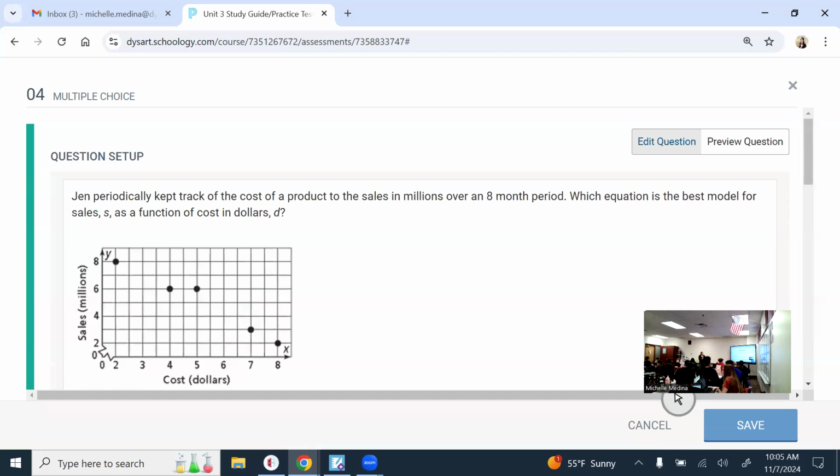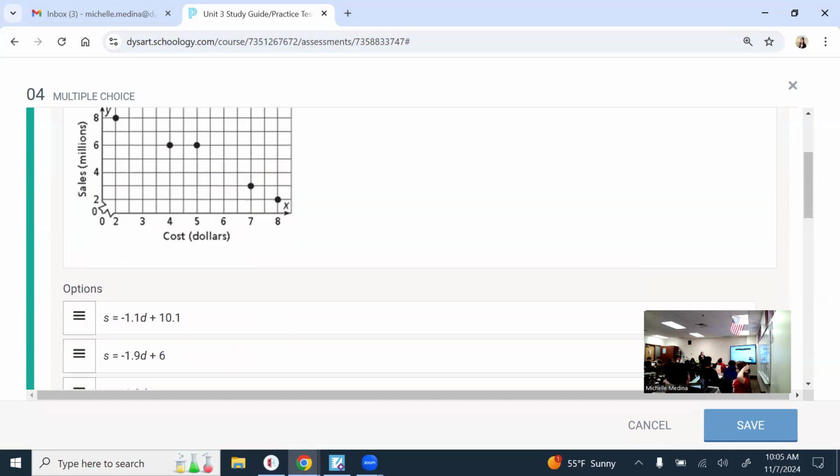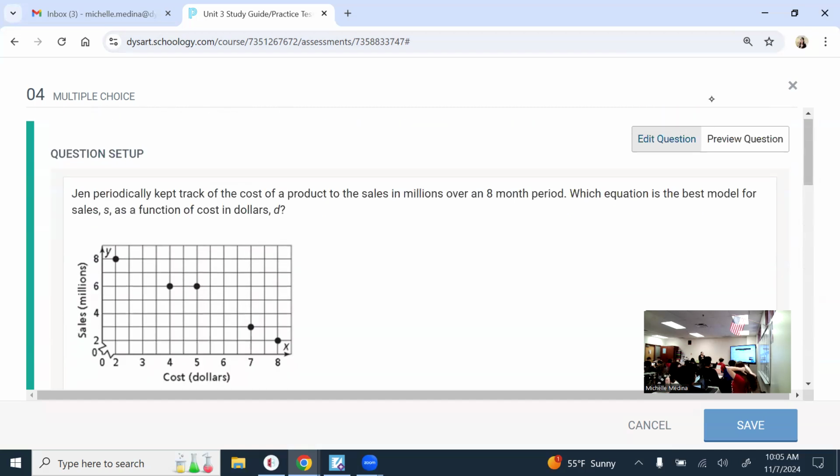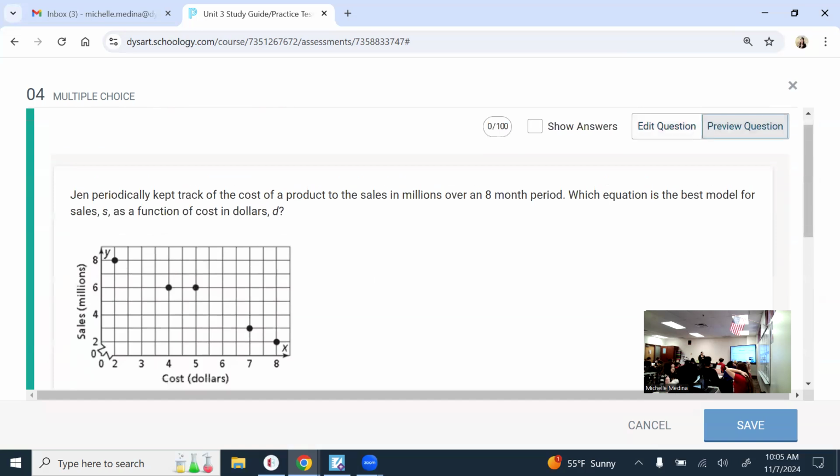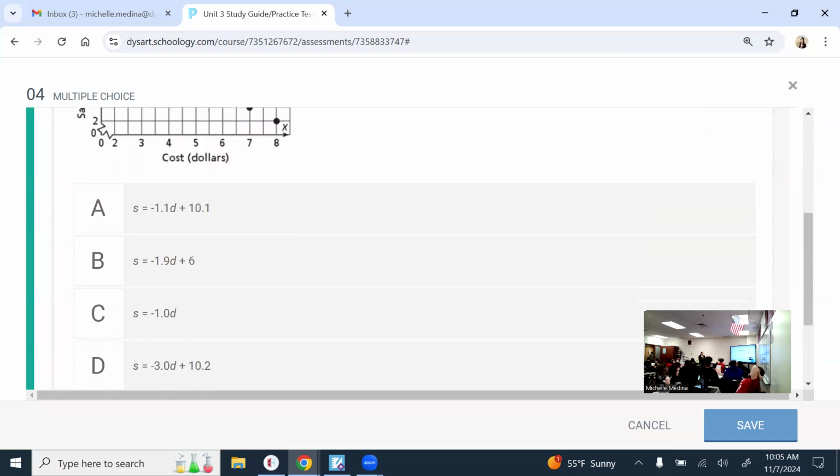Jen periodically kept track of the costs of the product to the sales in millions over an 8-month period. Which equation is the best model for sales S as a function of cost in dollars? So this one is like when we did it by hand, except you have options now.